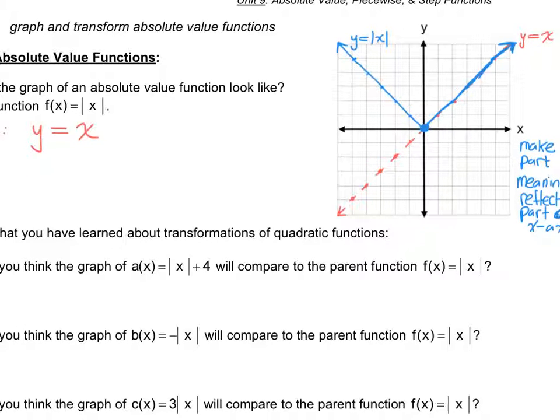So if I tell you that the standard form for an absolute value function is f of x equals a times the absolute value of x minus h plus k, you got everything you need. Right? Because h and k would represent the what? Vertex.